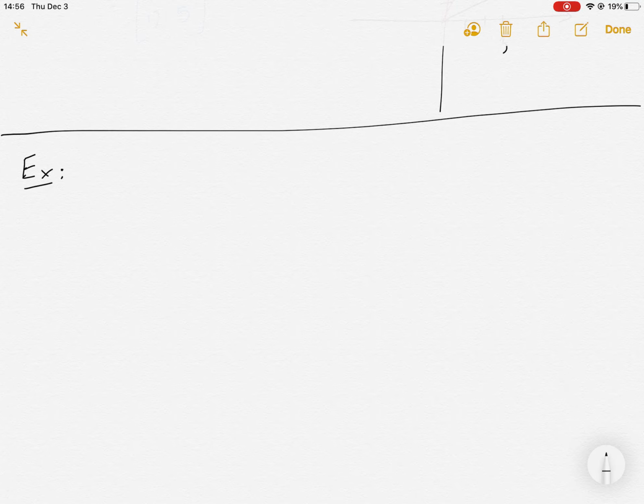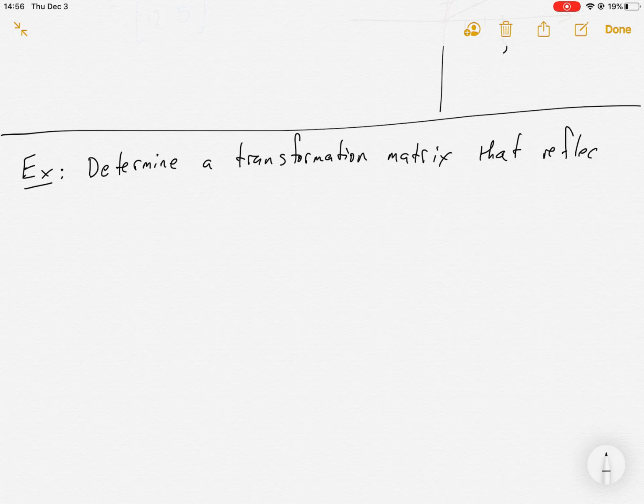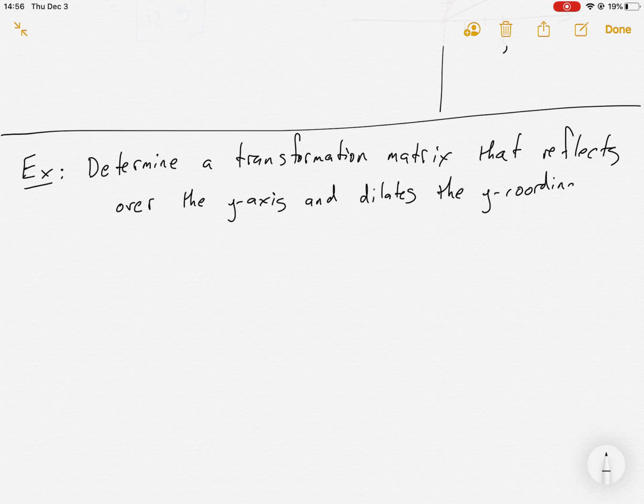The first part is we're going to determine a transformation matrix that reflects over the y-axis and dilates the y-coordinate by a factor of 5.